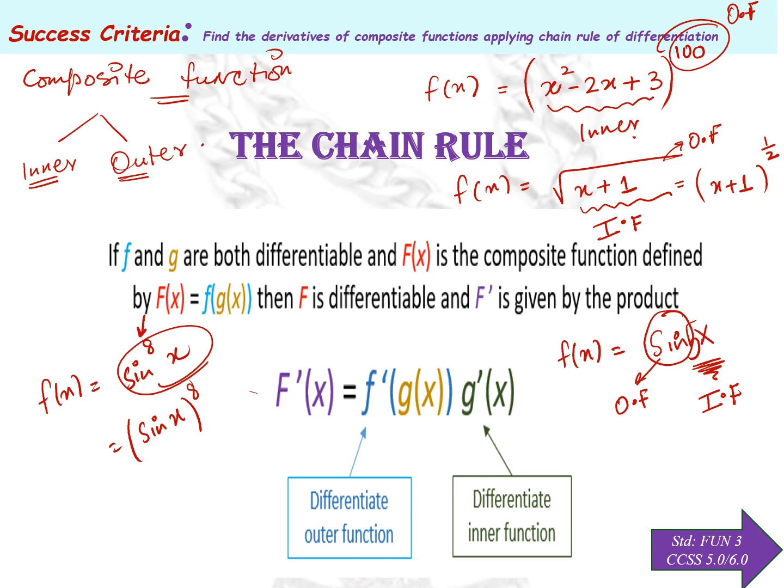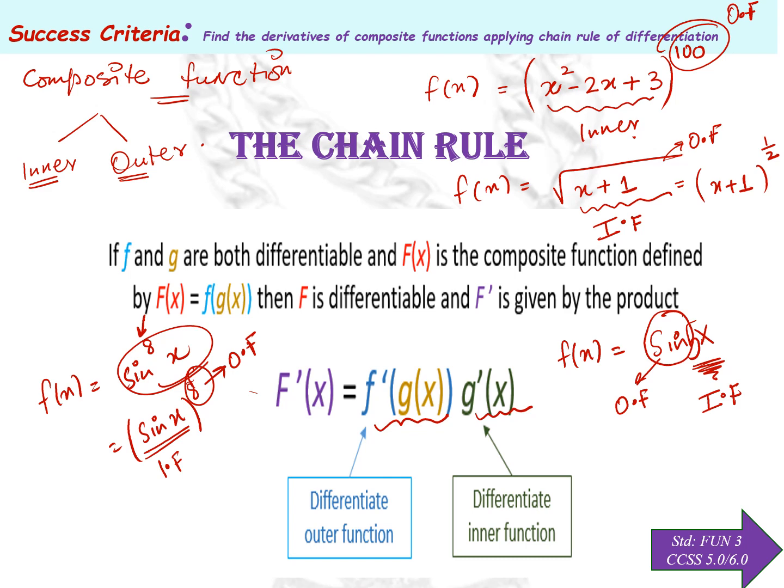So now you can see that this sine x is actually the inner function and the power is always the outer function. Now when you have to solve using the chain rule, remember that according to the chain rule, you have to take the derivative of the outer function first and then take the derivative of the inner function.